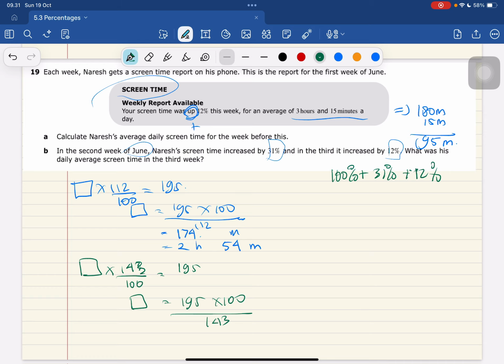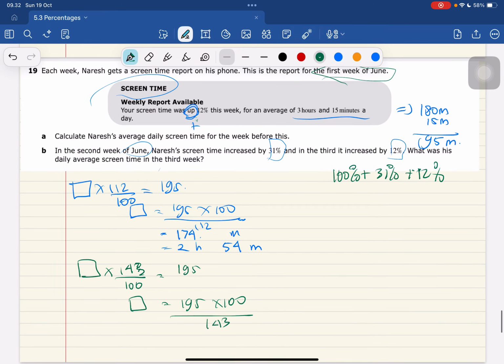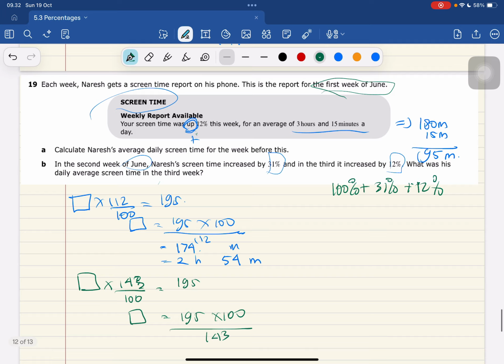Look at it. What was his daily average time in the third week? First week of June, and then increase up. Third is 12%. In the second week of June, the screen time increased by 31%. Let's look at the question first.